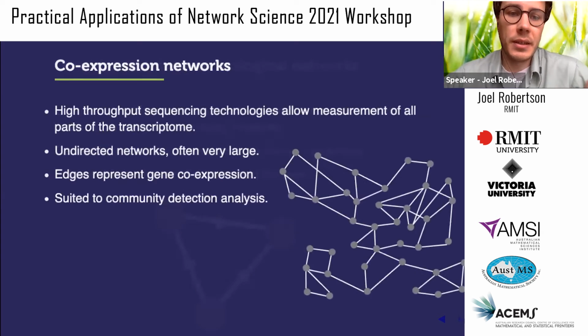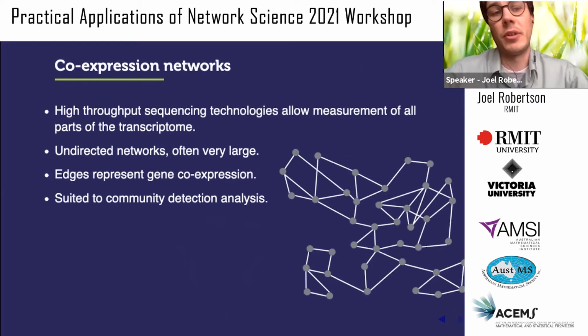That trend towards bigger and bigger data has continued since then as well. RNA sequencing these days can give us pretty comprehensive coverage of everything that is expressed within a cell in terms of the transcriptome. So the question becomes even more so, how do you deal with that huge amount of data?